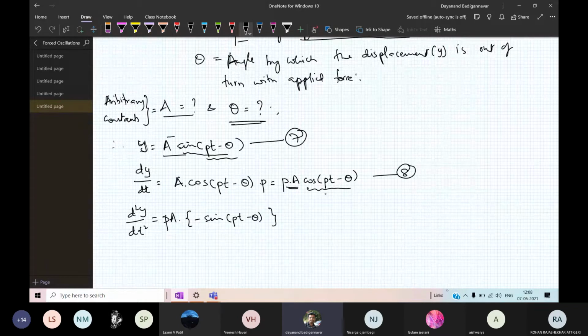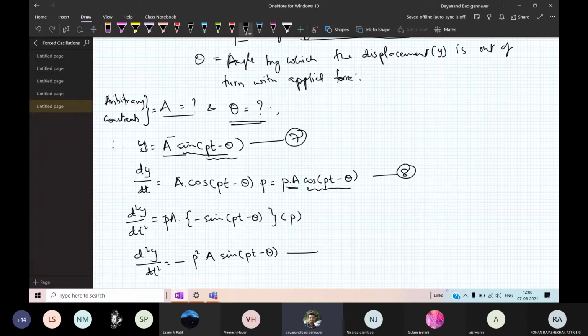Differentiate the argument pt minus theta, it gives you p again. So this is equation 9. Rearranging, d2y by dt square is equal to minus p square into a sine of pt minus theta.